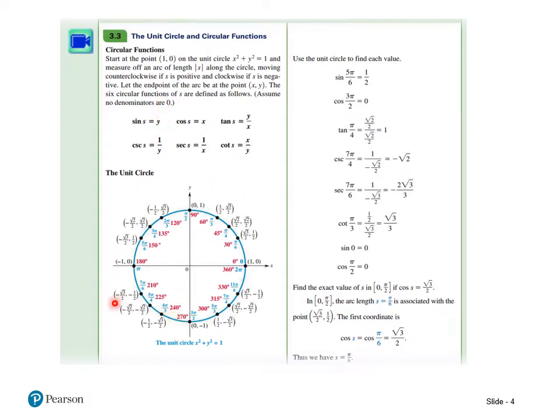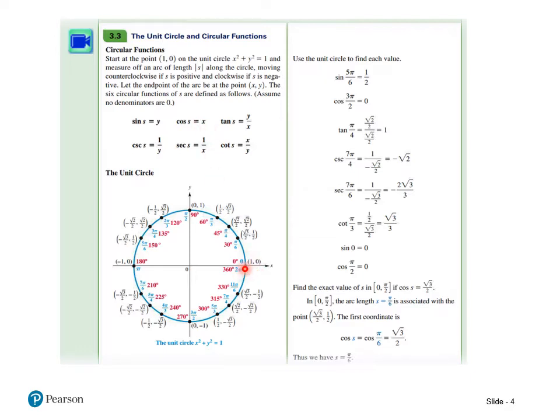So one of the interesting things that happened in the unit circle is that we could relate the value of sine and cosine directly to the x and y coordinates of the unit circle.